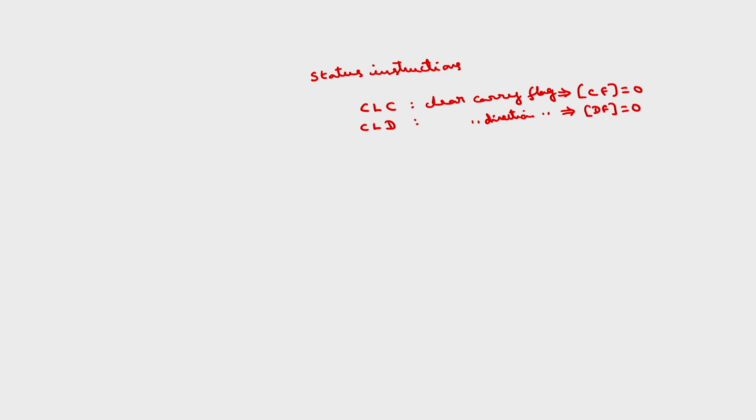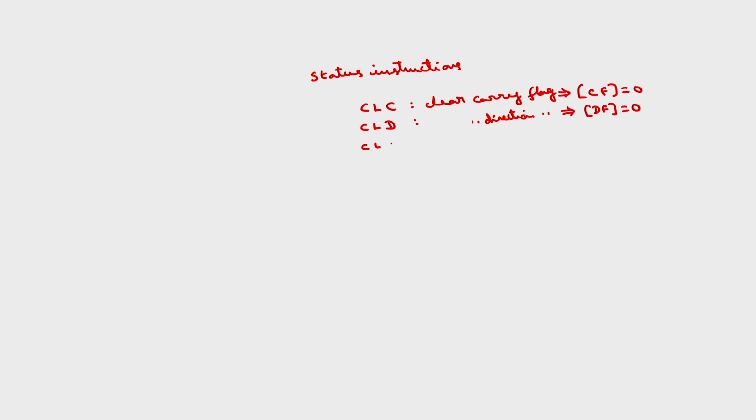So, we know that if the direction flag is cleared, then the string operations become auto increment. If the direction flag is set, the string operations become auto decrement. Similarly, we have clear interrupt enable flag. The interrupt flag will be reset.